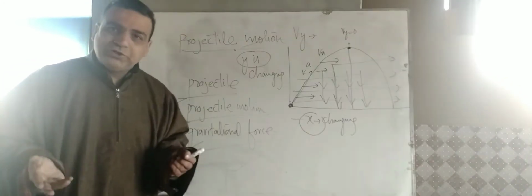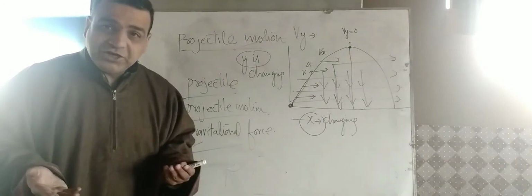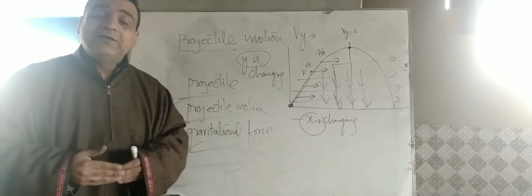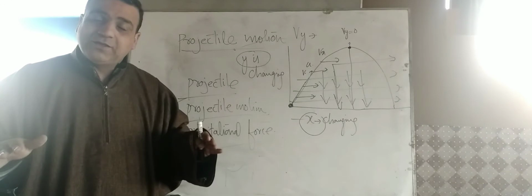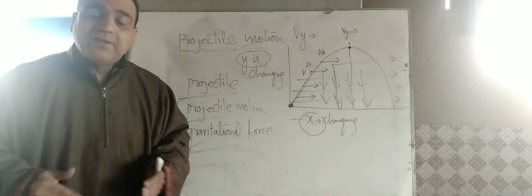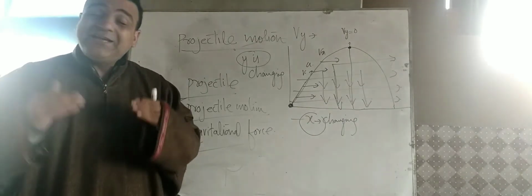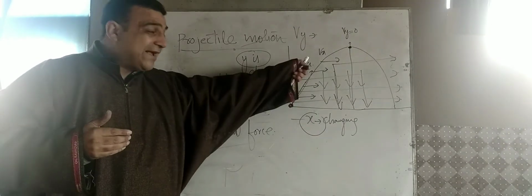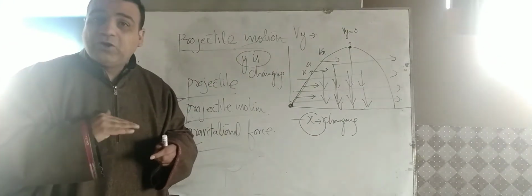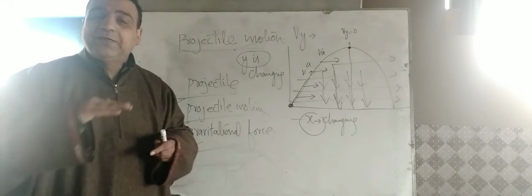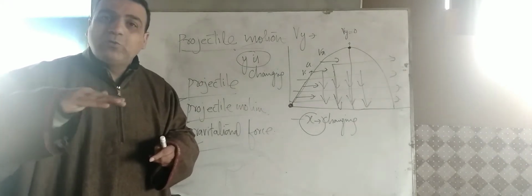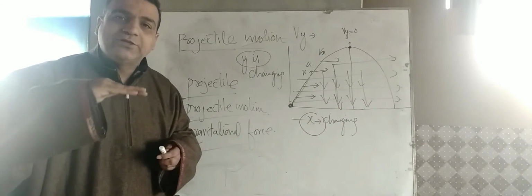In projectile motion, there is vertical acceleration, but there is no horizontal acceleration at all. The vertical component of velocity keeps on changing, and its value is 0 at the maximum height, but the horizontal component of velocity remains the same throughout the motion of the projectile.